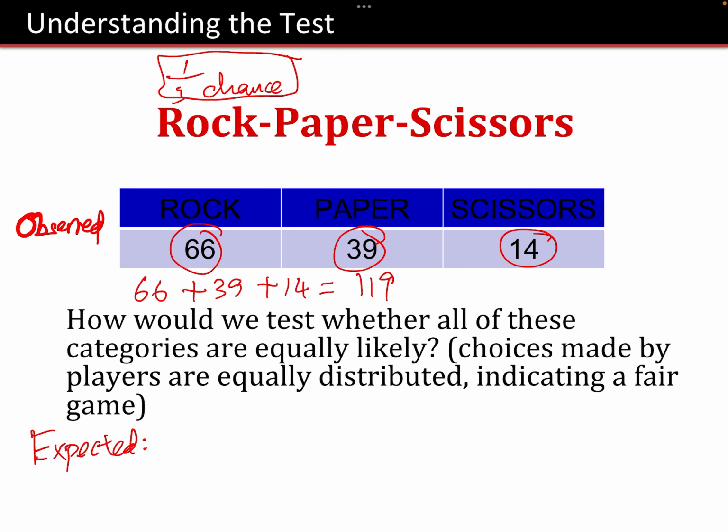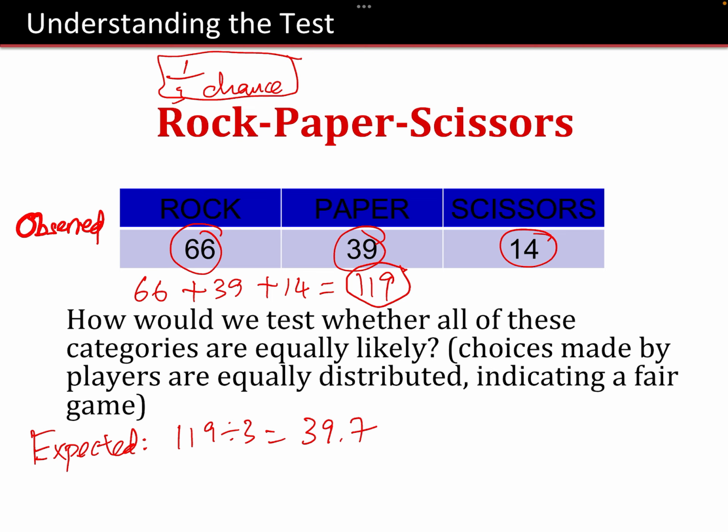and we're expecting a 1/3 chance of winning the game? Wouldn't you expect this game to be played in a more fair way, which means that if I take this number, 119 games, and divide it by 3, we should approximately get about 39.7 wins for each of rock, paper, and scissors.